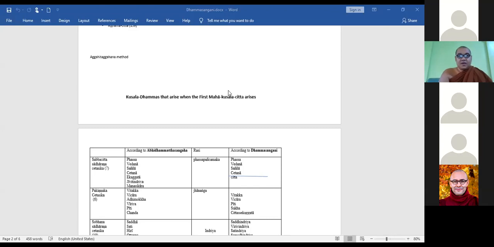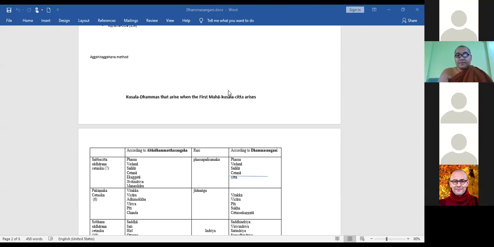Maha, because in comparison with the Rupavacara Kusala 5, Arupavacara Kusala 4, and even the Lokuttara Kusala Magga Chetas 4, in comparison with these other Kusala Chetas, this Kamavacara Kusala Chetas is greater in number.